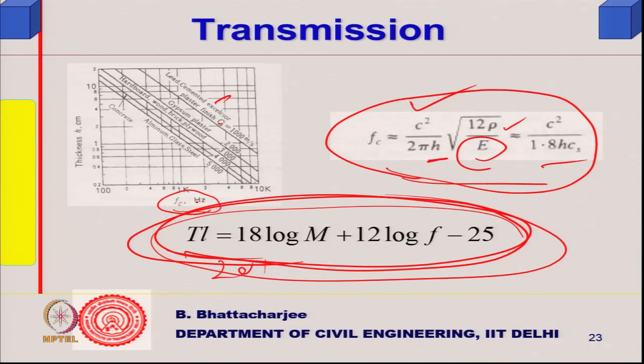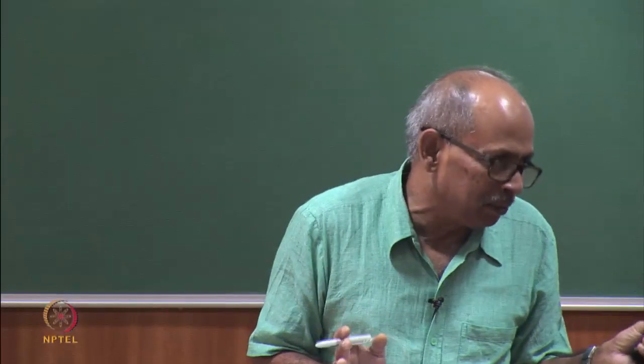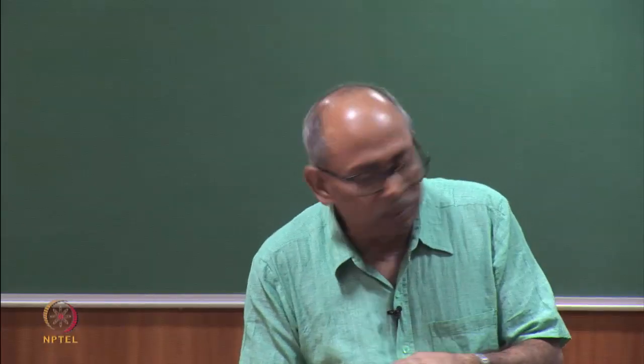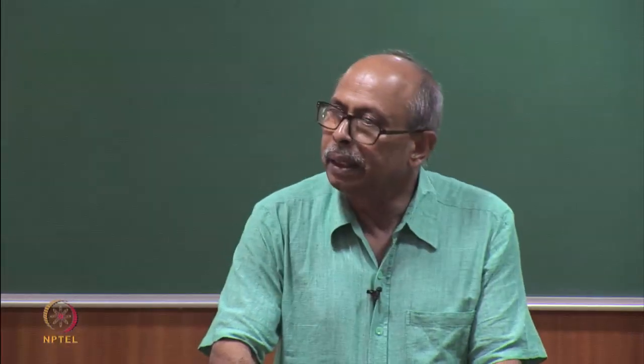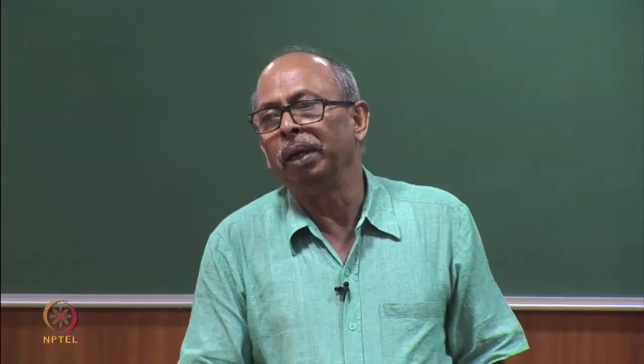The derivation is fine for understanding the physical phenomena, but I cannot derive this; it is more empirical, semi-empirical, and you can use this formula for calculating the transmission loss.